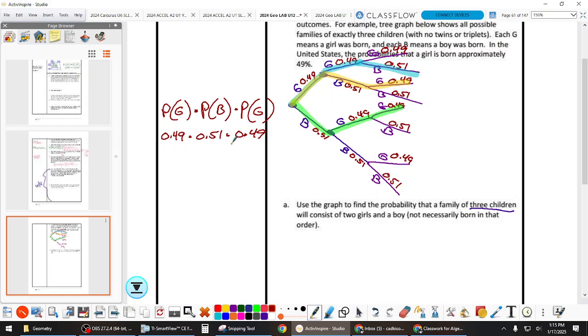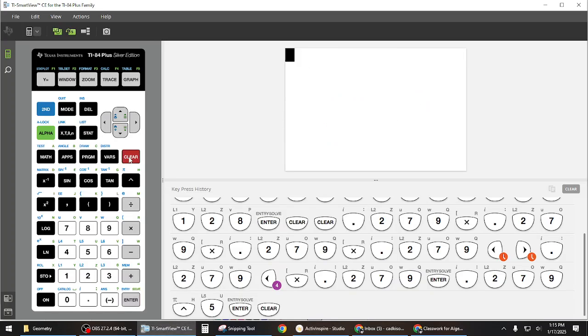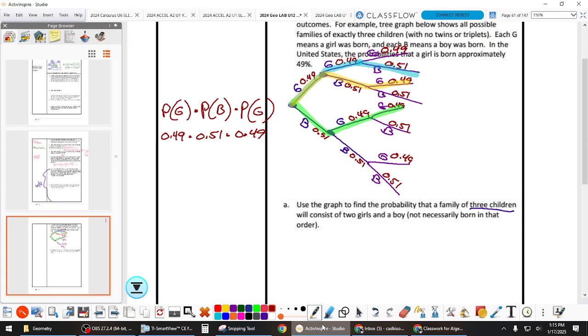Once you're done multiplying each path, you add them. Add them, yeah. This should be roughly 0.12 or so, right? Yeah. Let's just go with 0.122. Okay, and then we just add for all three.